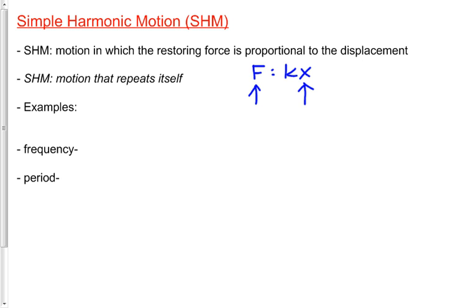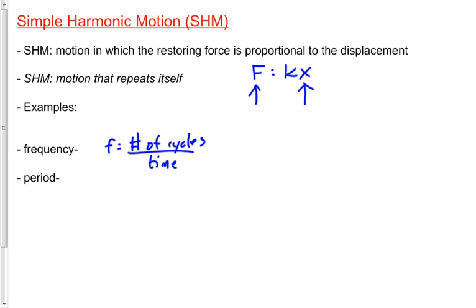The frequency, we defined almost the same way as we did in our circular motion unit. In circular motion, it was the number of revolutions per unit time. Here we're going to say it's the number of cycles per unit time. I showed you a few minutes ago the diagram of the pendulum, the swinging ship at the amusement park.